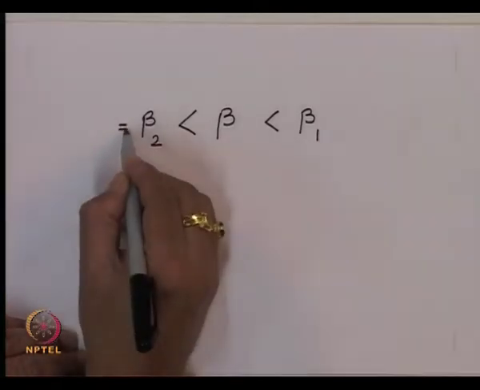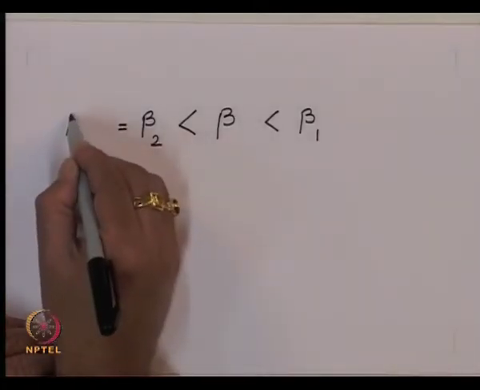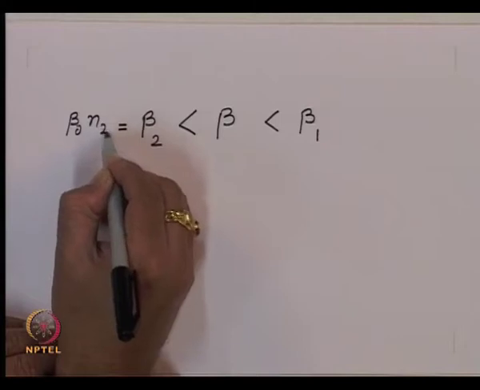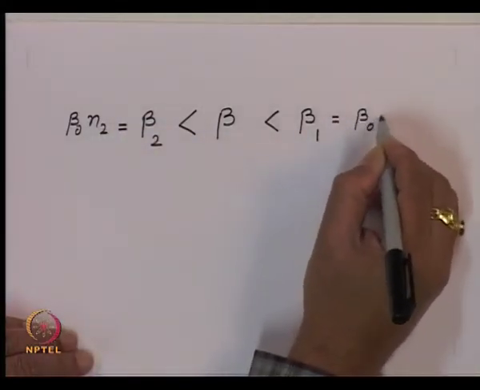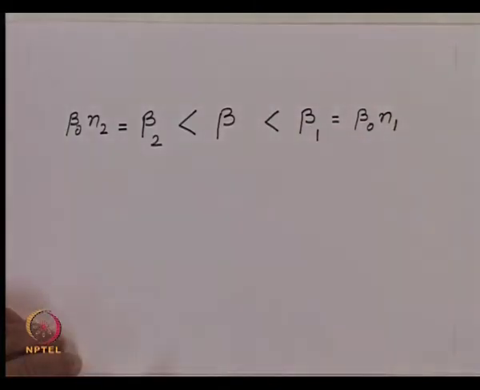And this quantity beta 2 is nothing but your beta 0 into n2, and this quantity is nothing but your beta 0 into n1. So, by choosing the appropriate solution, and for the choice we have used our physical understanding which we got from the ray model, we essentially get bounds on the propagation constant of a mode inside the optical fiber.